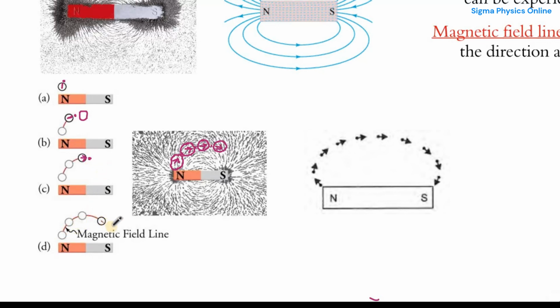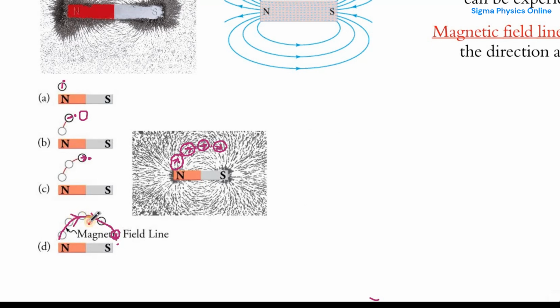In this way, if we go on plotting points, we will arrive at a pattern like this. When we remove the magnetic needle or the compass, we will get a line like this. This is a line which represents the magnetic field, and this line is known as the magnetic field line, and it goes from the north pole to the south pole.